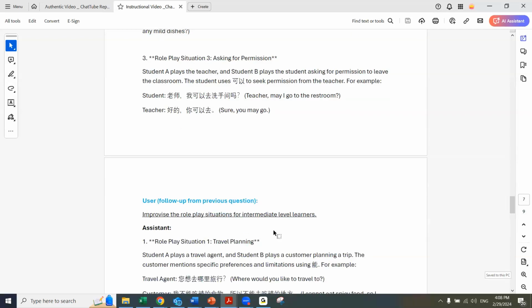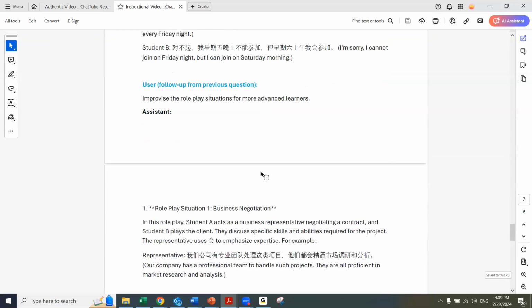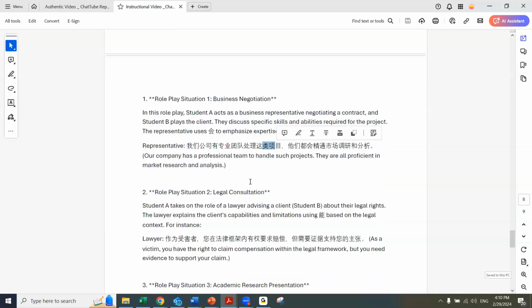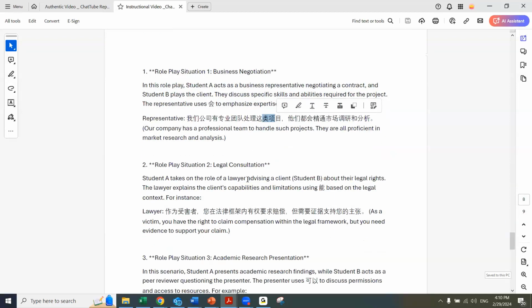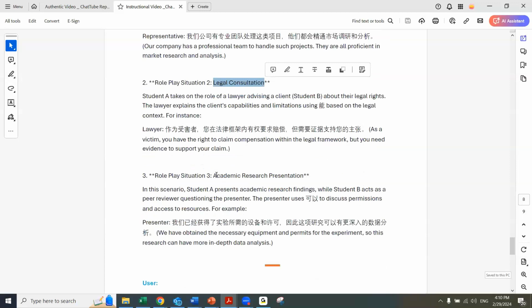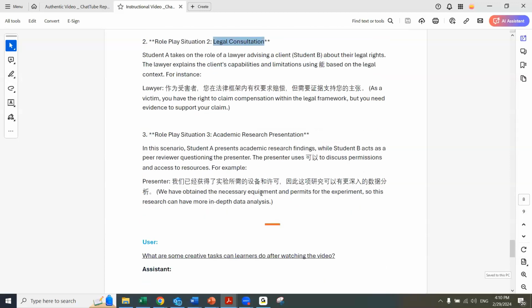So I asked for intermediate level, more advanced learner, same role play. And let's see, it jumped up to business negotiation. And then it brought in a lot of way higher level vocabulary for this area. Legal consultation, that might be a little bit too hard. And then academic research presentation, stuff like that.